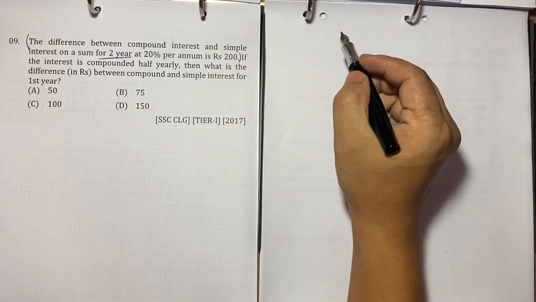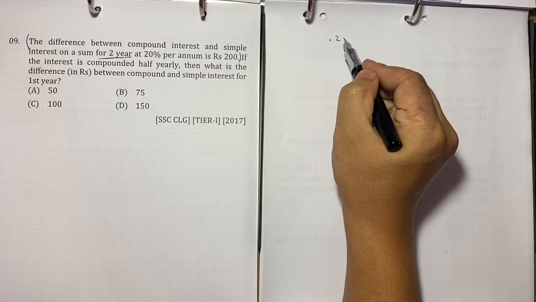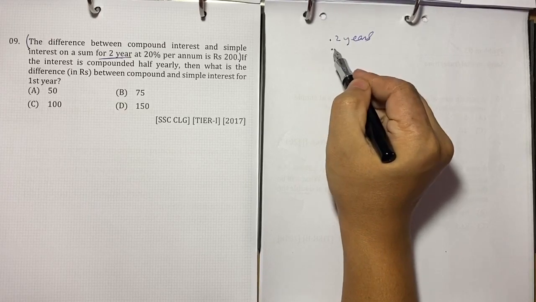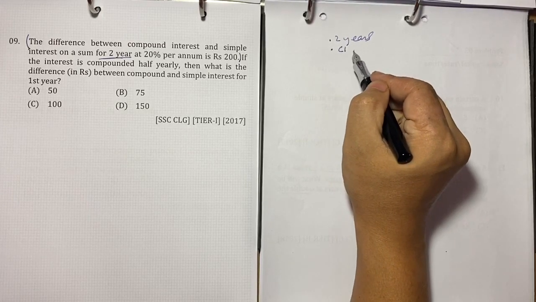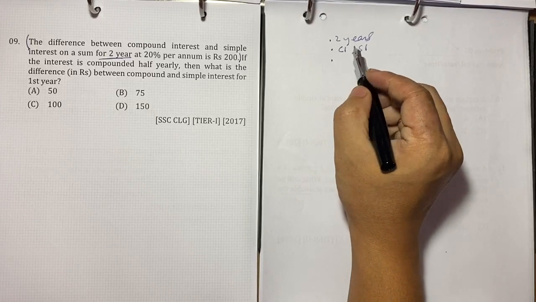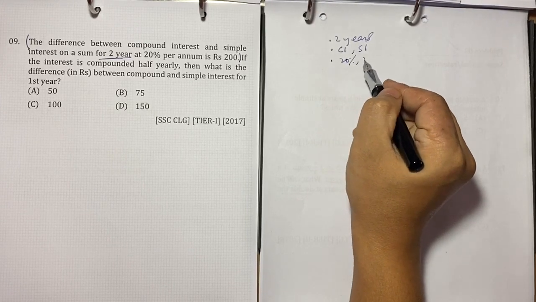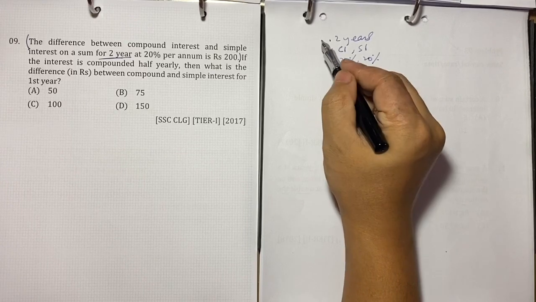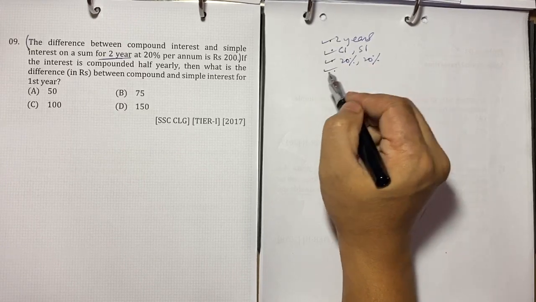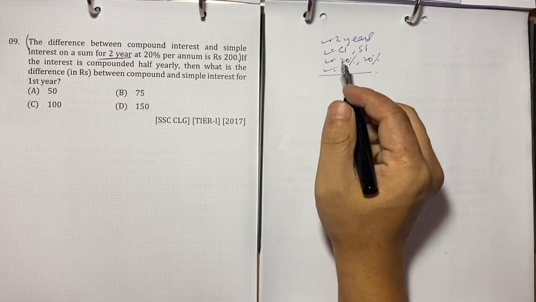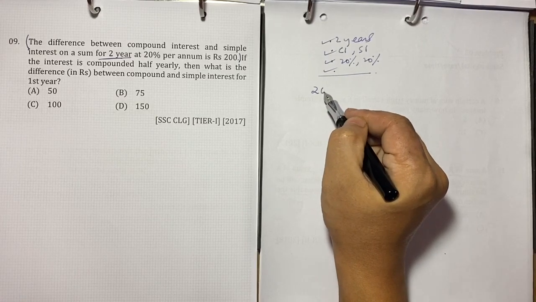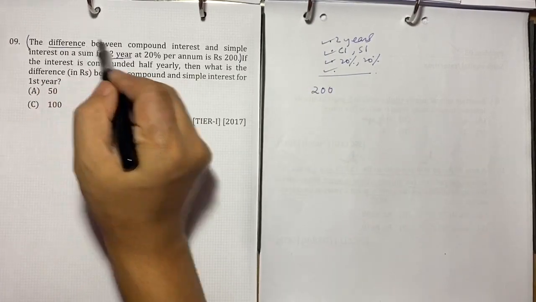In the first part, the question is problem type 1. The relation is 2 years, compound interest and simple interest, rate 20%, and principal unknown. So the condition is satisfied and we can apply the formula. The difference is 200.